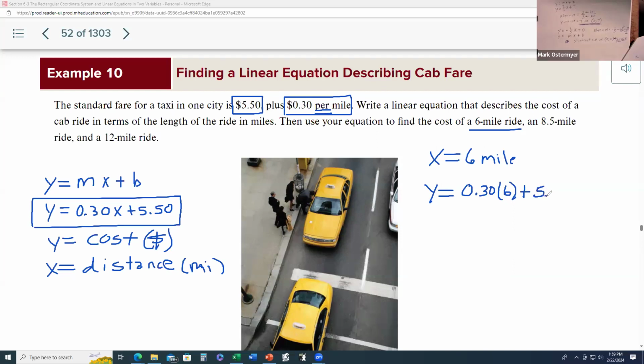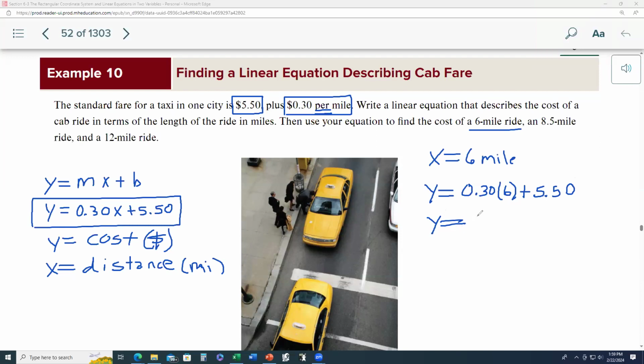Get on your calculator and dial this up. Tell me how much it costs to go 6 miles in this cab. I got to see if I got enough money here to get home. $7.30. $7.30. If you go 6 miles, do you agree?